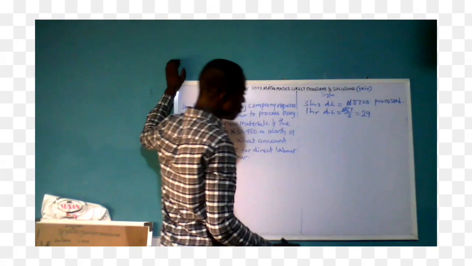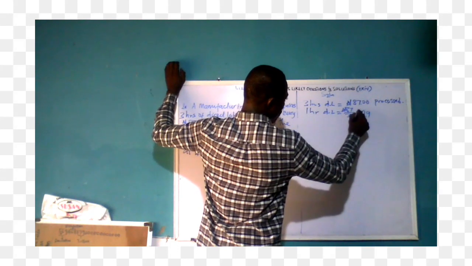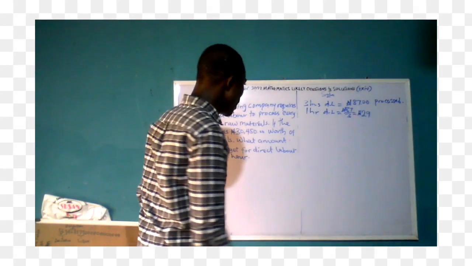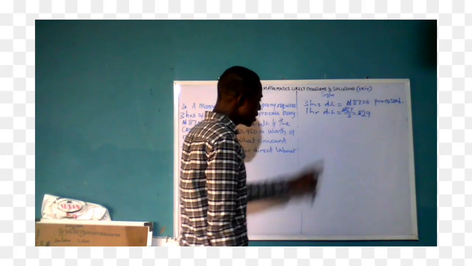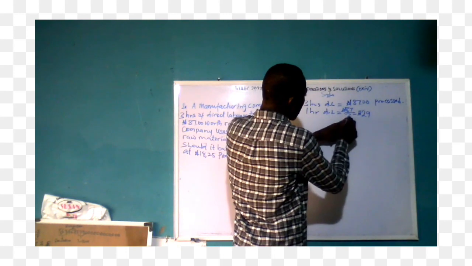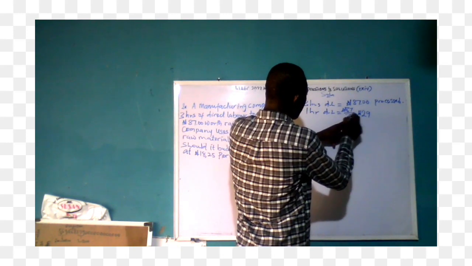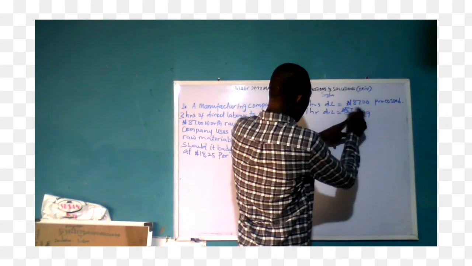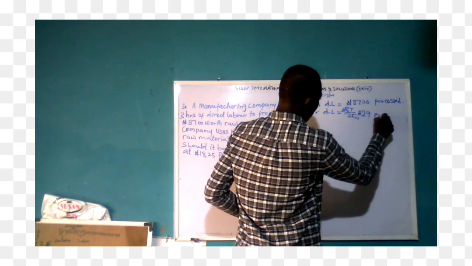So 1 hour of direct labor will give you 29 naira worth of raw material processed. Of course, don't forget the unit of this: it is in naira per hour.